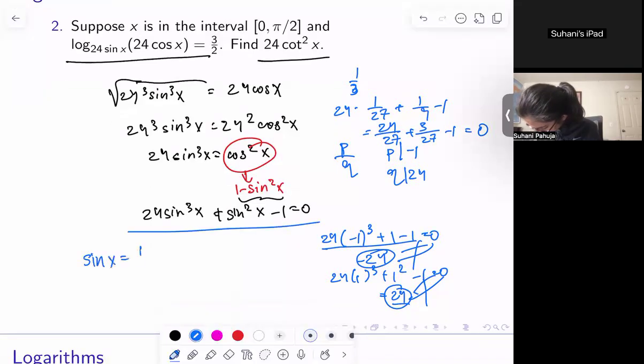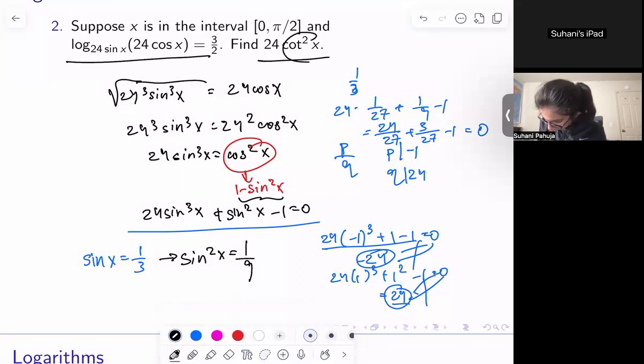So sine x equal to 1/3 is a root of this equation in terms of sine x. And because sine x is equal to 1/3, that means that sine squared x is equal to 1/9. Note that we want cotangent squared x, which is cosine squared x over sine squared x, which is why I just found sine squared x.